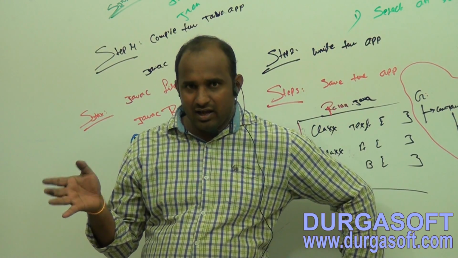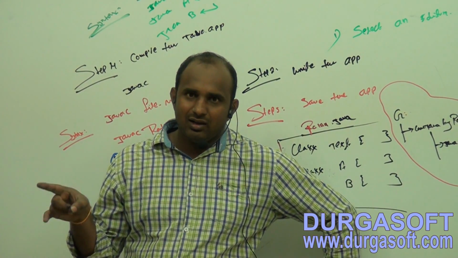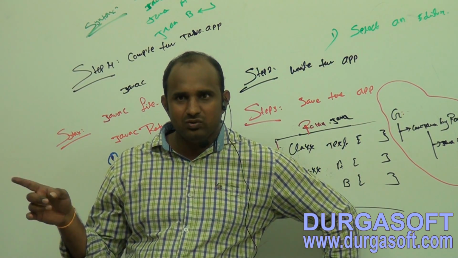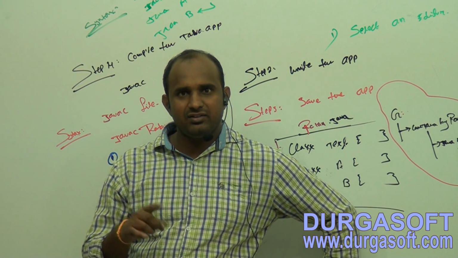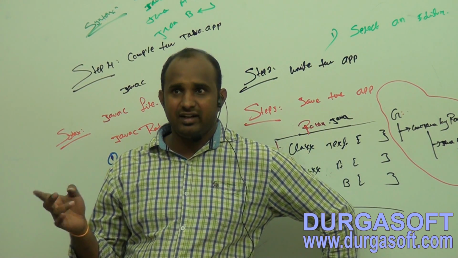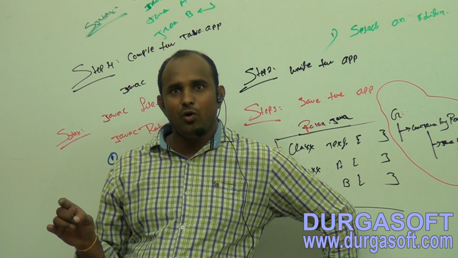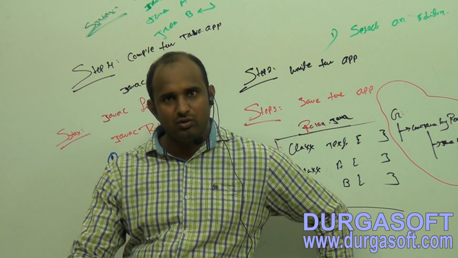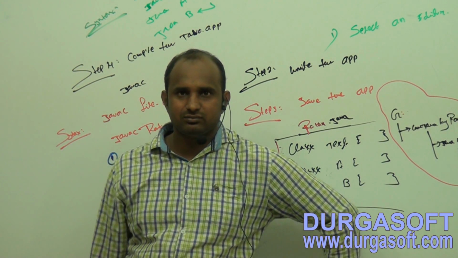Compile .java file or .class file? .java. Execute .class file or .java file? .class file. Who is responsible for execution? JVM. Who is responsible for compilation? Compiler. Is it possible to compile multiple files at a time? Yes. But is it possible to execute multiple classes at a time? It is not possible; it is possible to execute only 1 class.